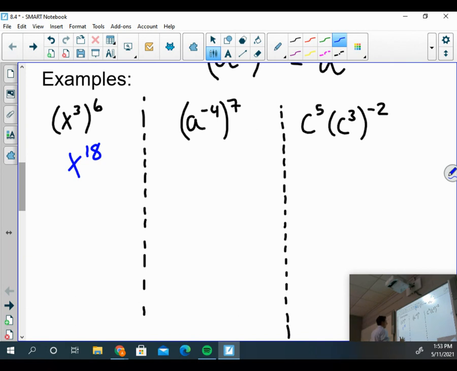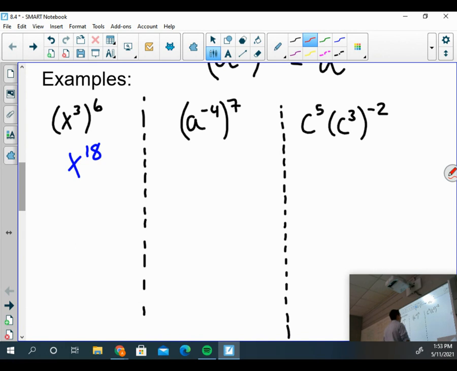Again, if you wanted to write this out to check your work, you could. You would have 6 x to the thirds multiplied together. If you then wrote out each x to the third, you would find in total you have 18 x's multiplied together. I'm not going to write that out for the sake of time, but if you want to try that on your own, you can.